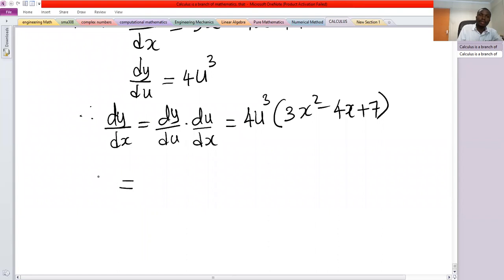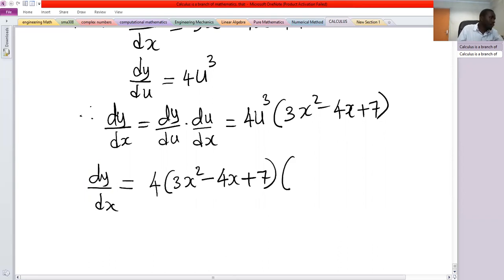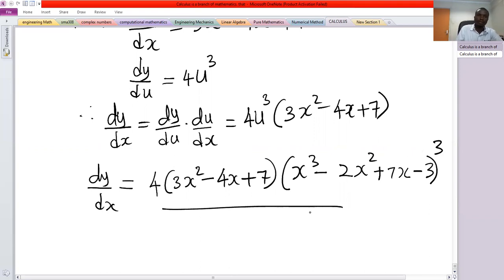So dy dx is 4 times (3x squared minus 4x plus 7), and then you multiply by u, which is (x cubed minus 2x squared plus 7x minus 3) raised power 3. So this is the final solution.